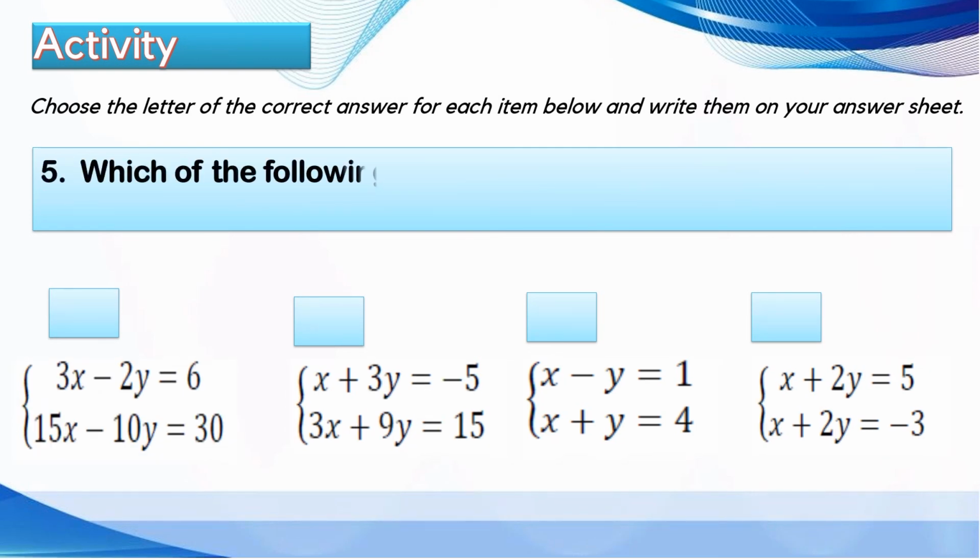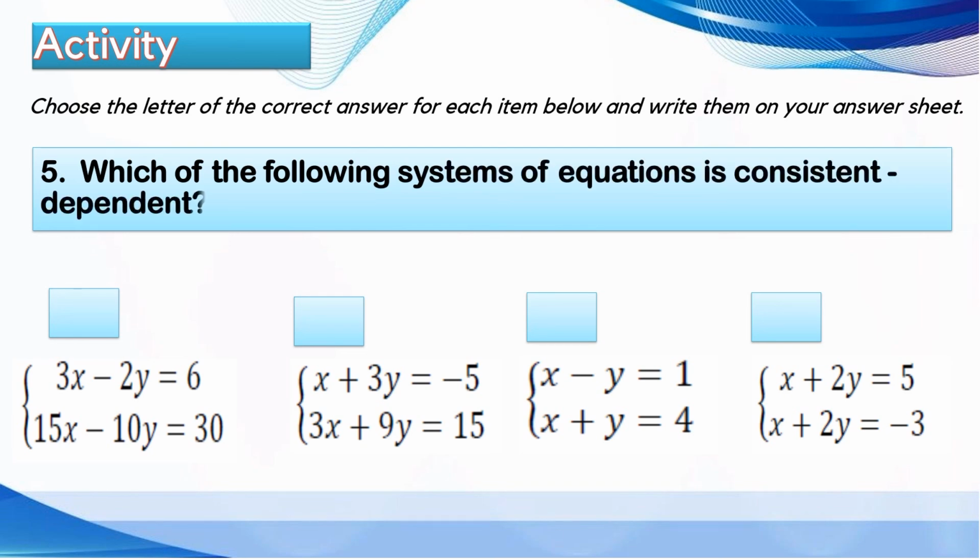Question number 5. Which of the following systems of equations is consistent dependent? A, the system of equations 3x minus 2y equals 6 and 15x minus 10y equals 30. Letter B, the system of equations x plus 3y equals negative 5 and 3x plus 9y equals 15. Letter C, the system of equations x minus y equals 1 and x plus y equals 4.